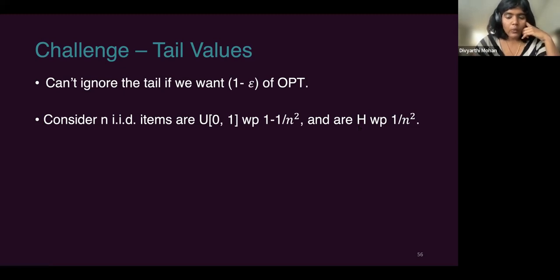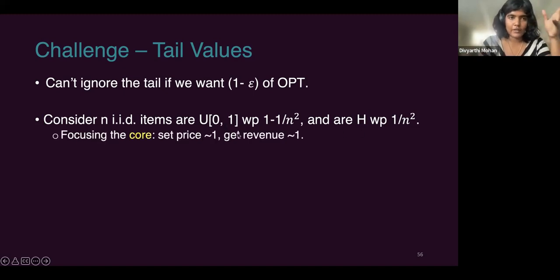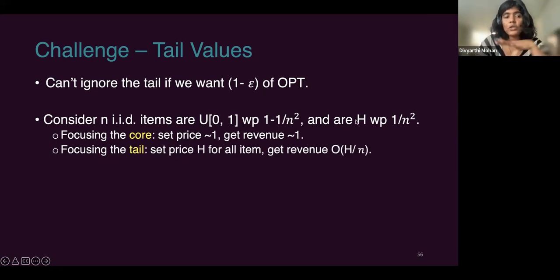Now if we only focus on the core, that is, we ignore all these tail values and only focus on the bounded interval 0, 1, we can get revenue almost close to 1, because the max of n uniform 0, 1 variables is going to be very close to 1 with high probability. So if you set that price, it will sell with a very high probability and you can get revenue close to 1.